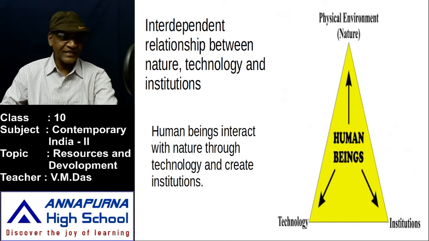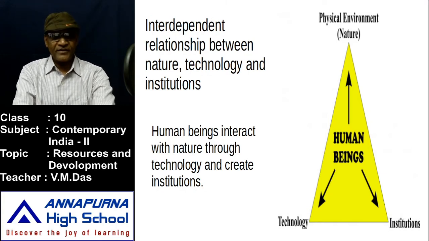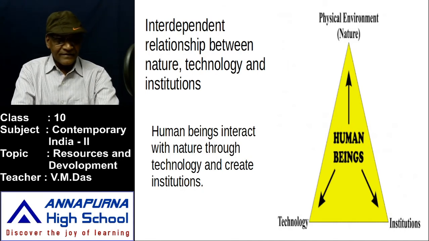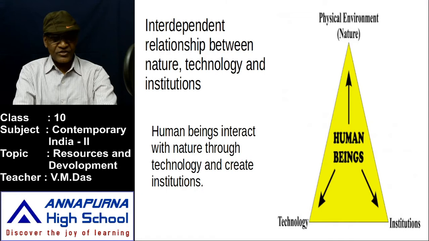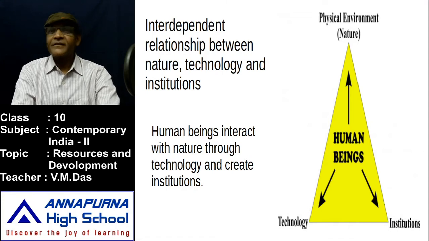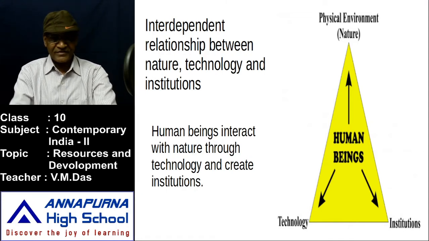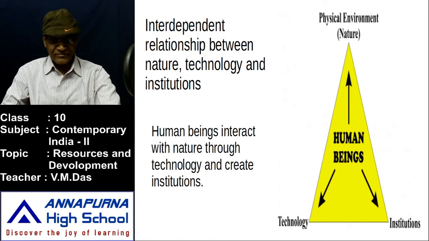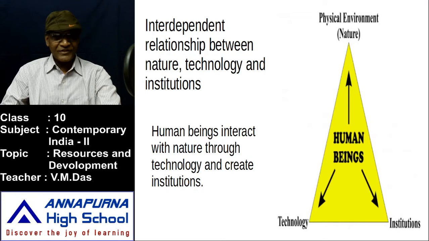And this is the interdependent relationship between nature, technology and institutions. Listen, this is the interdependent relationship between nature, technology and institutions. In this diagram you can see these three important things: nature, technology, institutions, and in the middle we can see the role of human beings.